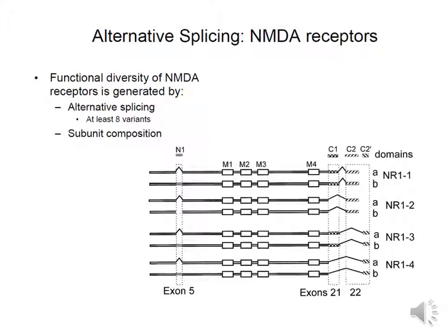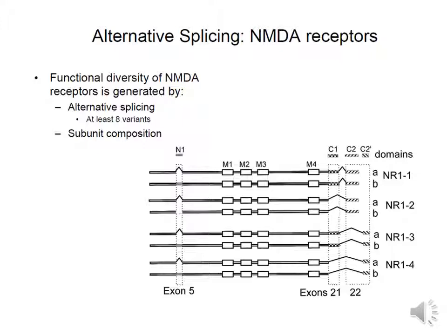Then, as we've seen earlier for the AMPA receptors, the NMDA receptors are also susceptible to alternative splicing, which, as we've mentioned, provides more versatility to the system.